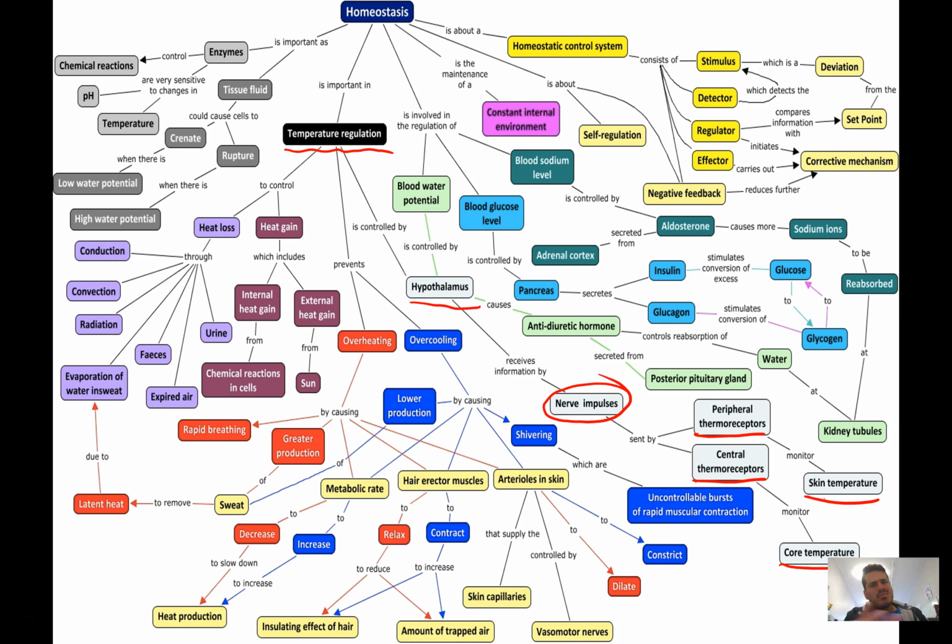But the hypothalamus is also related to your blood water potential, the amount of water that you have in your body, which is important to be regulated as well. And we have different things to talk about too. Here we have blood glucose levels and blood sodium, that's the salts in your body. So lots and lots of different aspects to this big idea that we call homeostasis.